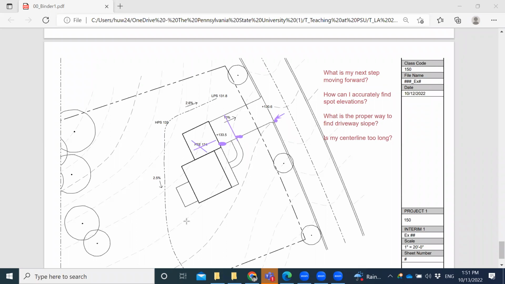You have to verify whether or not your garage FFE equal to 134 would result in your driveway slope exceeding 10%. If not, then you will know, okay, my FFE of the garage can be as high as 134.5. In that case, you can keep your FFE equal to 134. Yeah. All right.